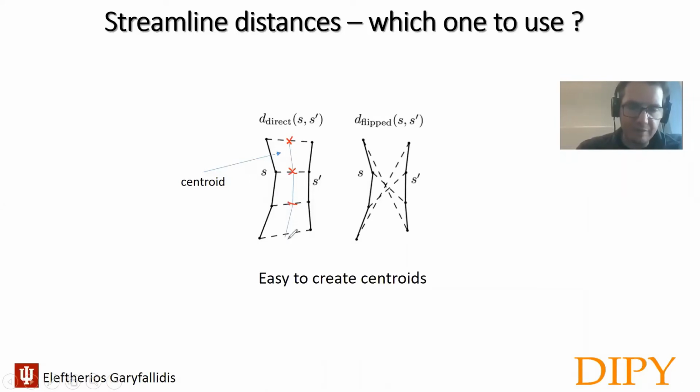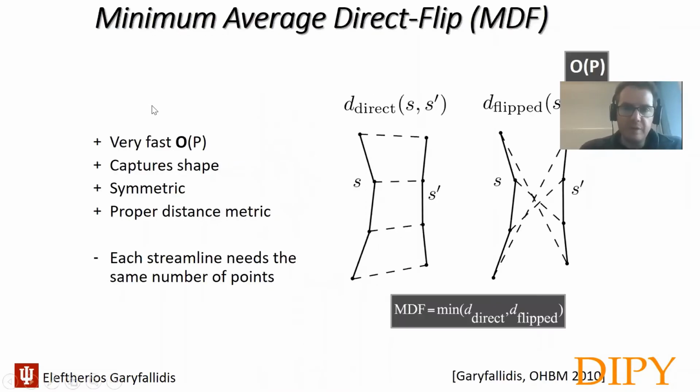If you connect those average points, you create an average streamline, a centroid streamline. So centroids are useful, especially when you do clustering. So using now this concept, we bring forward the minimum average direct and flipped distance. And this is very fast.